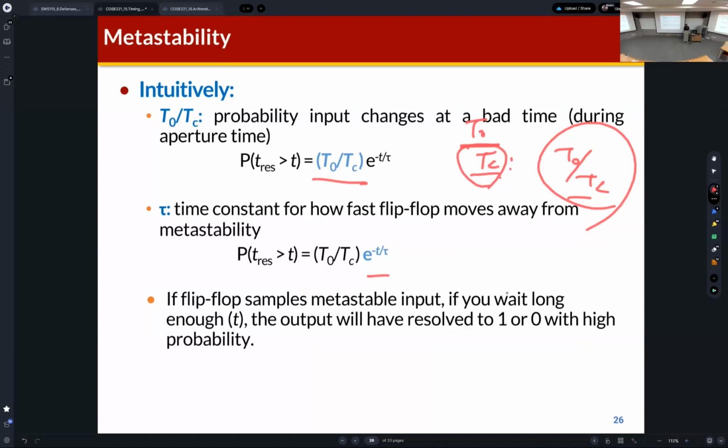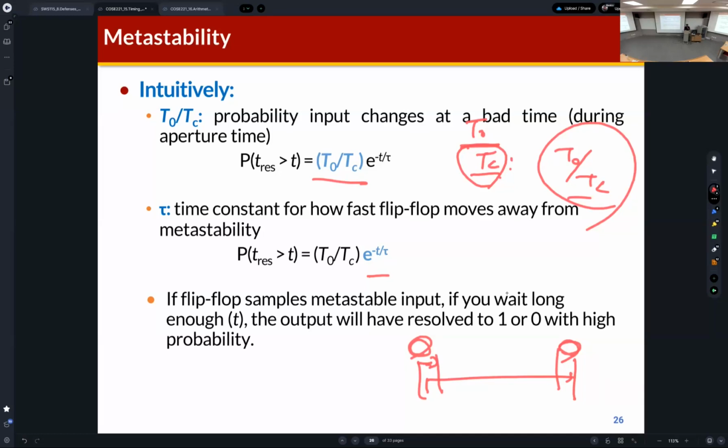In each long clock period, the users can violate the hold time constraint or setup time constraint. If users push the button during this hold time or setup time, then we may observe the metastable state. So we can understand that T0 by TC is the ratio of aperture time over the clock period.